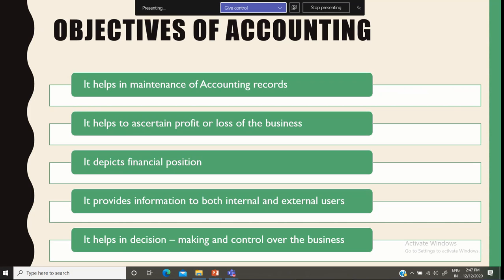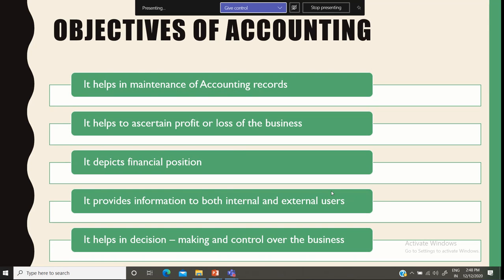Then only will we prepare the balance sheet. What you get out of all these financial statements is the financial position. You want to know where we are standing, whether our business is growing or what is happening. So it depicts the financial position of your business.